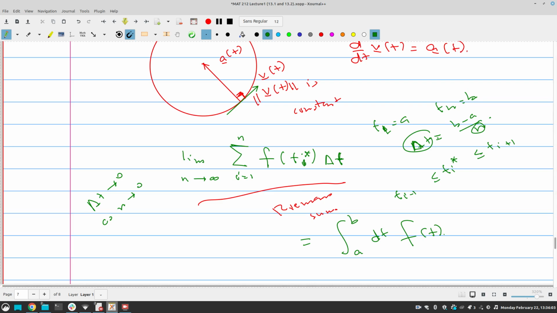In terms of vector functions, the integral of a vector function is defined similarly.